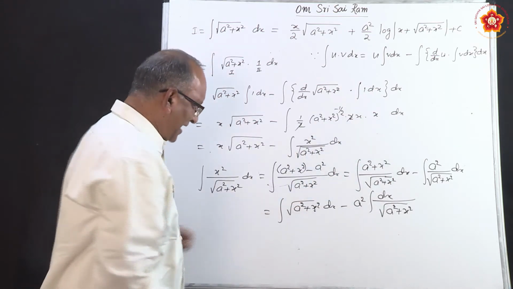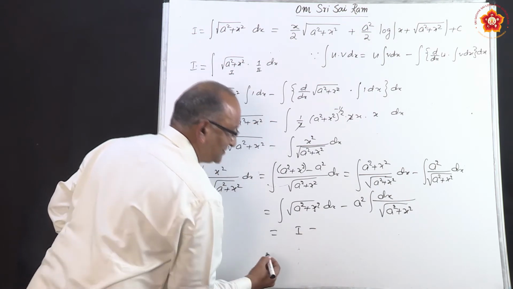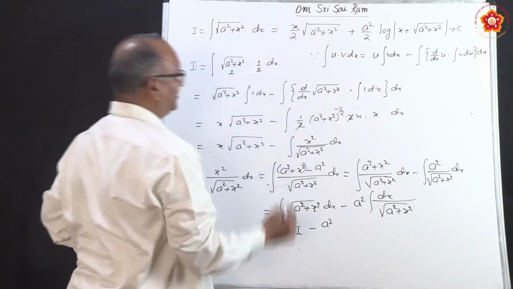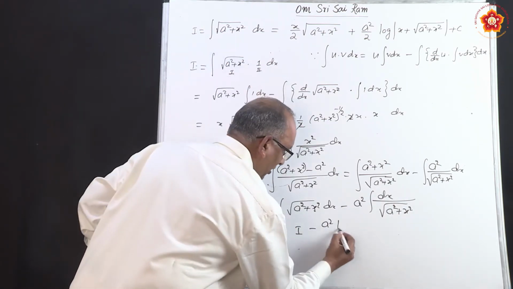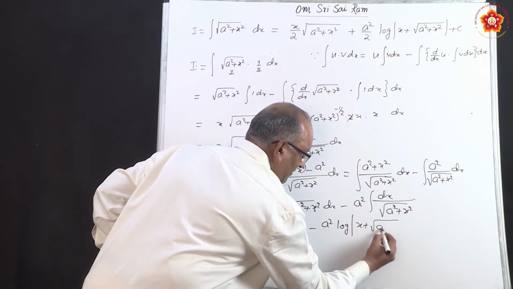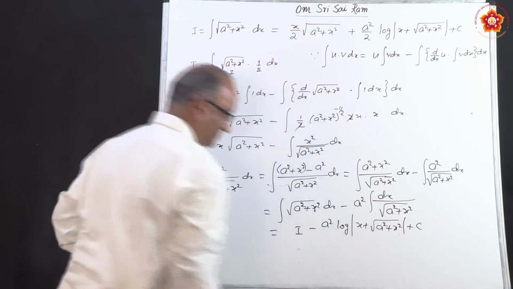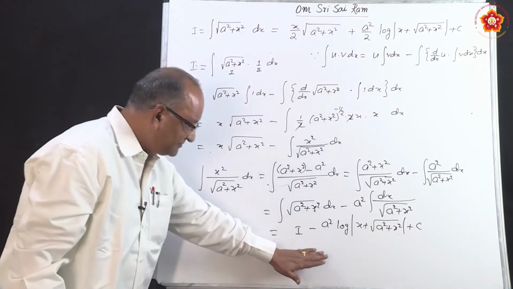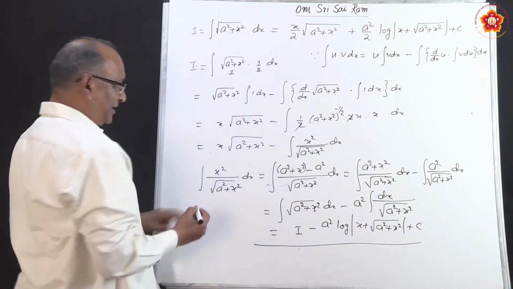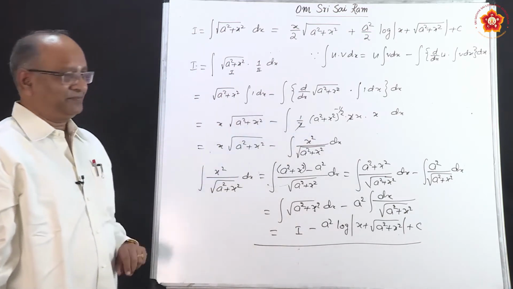This is nothing but I minus a square, times the integral of this. Use the formula. It is log of x plus under root of a square plus x square, plus c. Substitute this value here. Whole thing you substitute there.